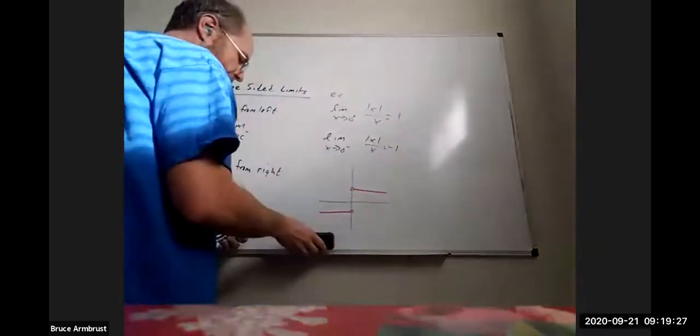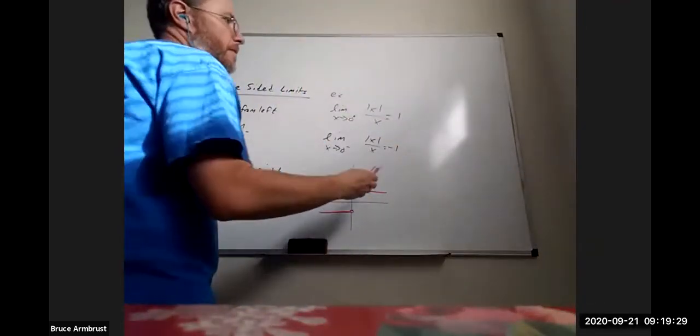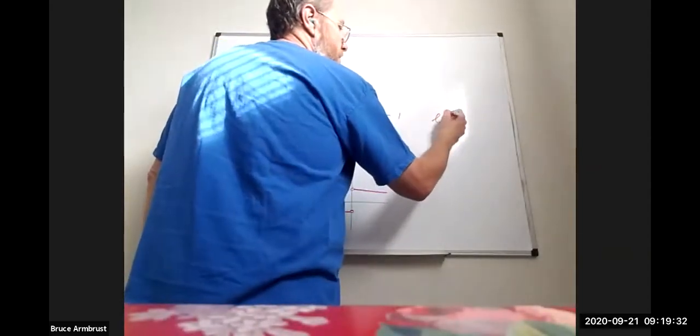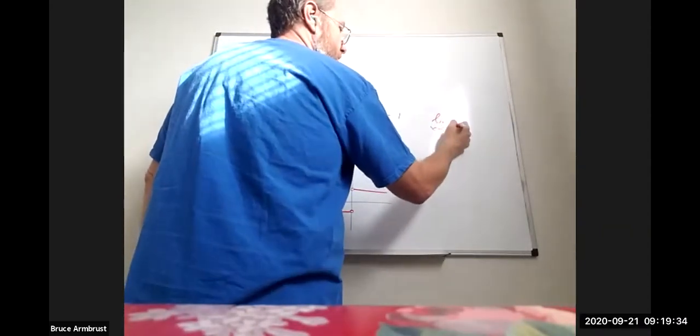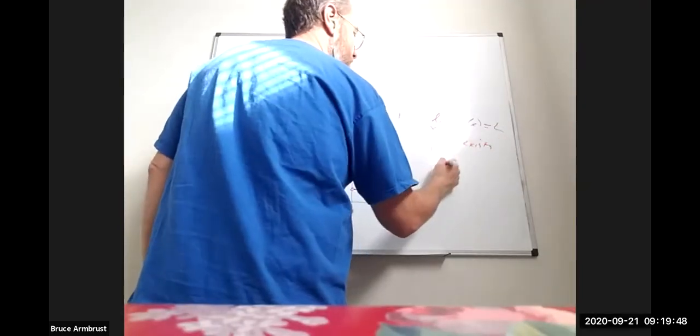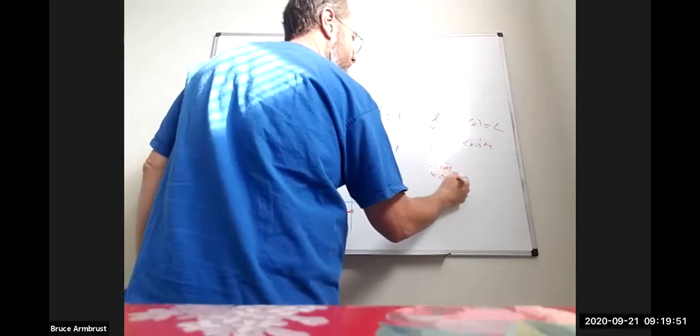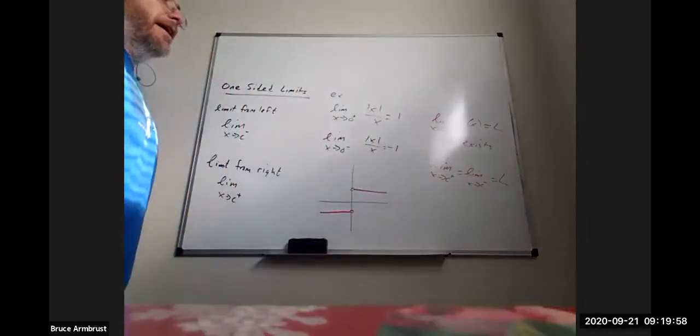All right, well, it turns out that for a limit to exist, so the limit as x approaches c of f of x equals L is only true, or let me put, only exists, if the one-sided limits are equal to each other and are also equal to that value.